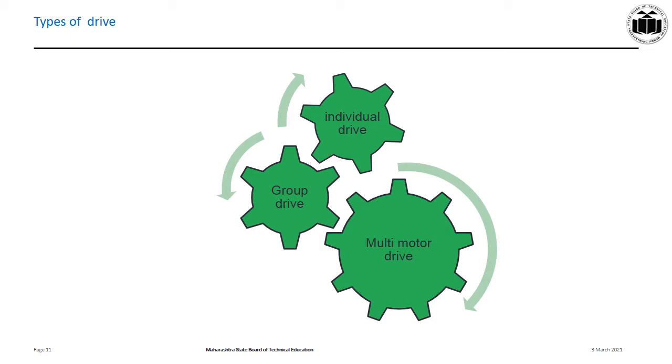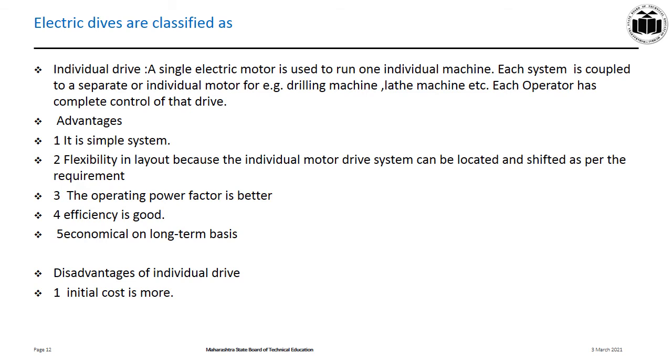Electric drives are basically of three types: individual drive, group drive, and multi-motor drive. Individual drive: a single electric motor is used to run one individual machine. Each system is coupled to a separate, individual motor. We have seen many applications in our workshop, like the drilling machine, lathe machine, etc. These are the best examples.